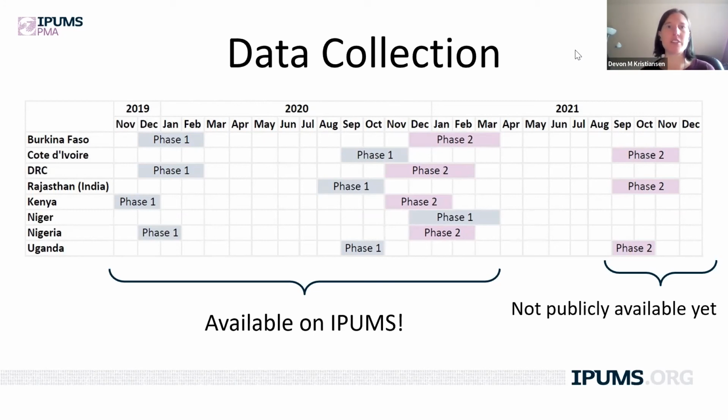And the range depicted on the screen shows what's currently available in IPUMS with the exclusion of Niger phase 1 that's only just recently been released publicly by PMA, and we haven't had time to process that yet. But we do hope to release it and the remaining phase 2 countries by the end of this year. So we currently have Burkina Faso, DRC, Kenya, and Nigeria, phase 1 and phase 2.